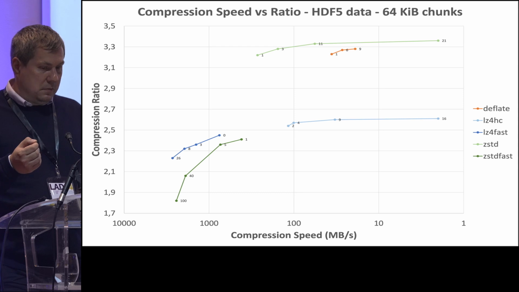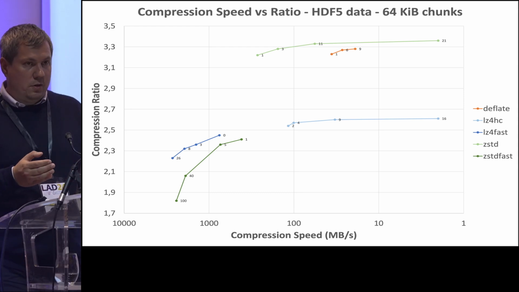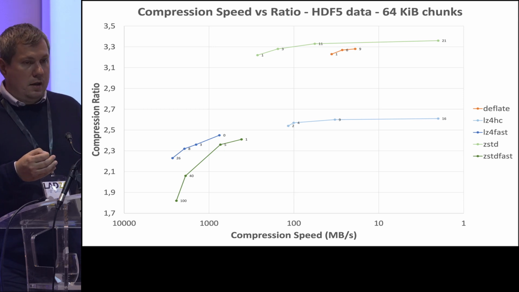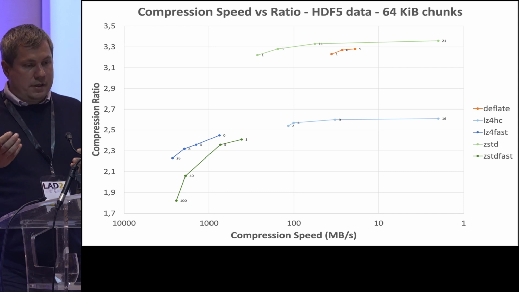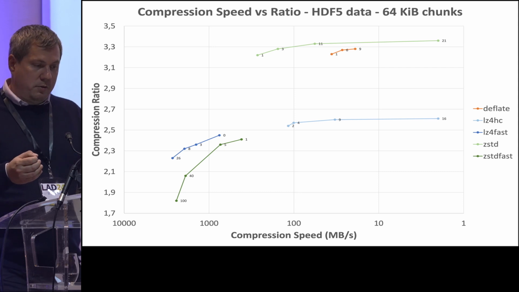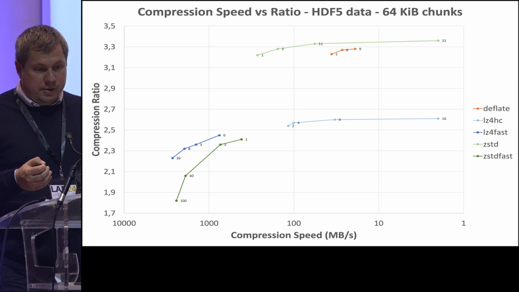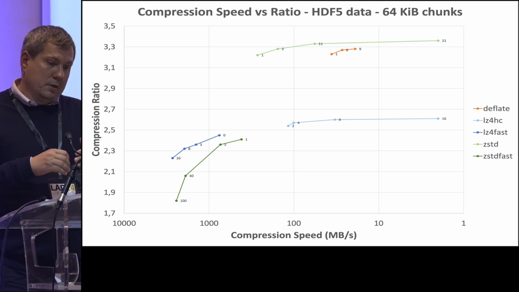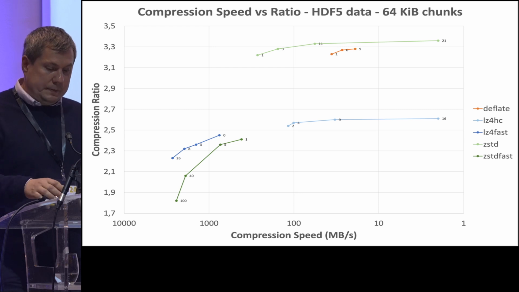So a user can choose a fast one to compress, do a lot of actions, and then recompress with an algorithm that compresses better but does it slowly, so it's flexible for the user.